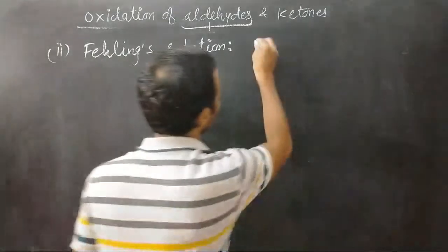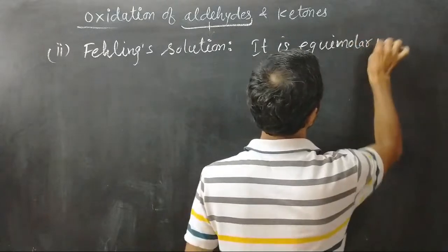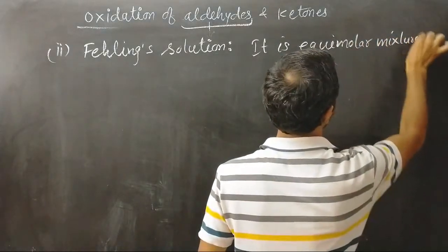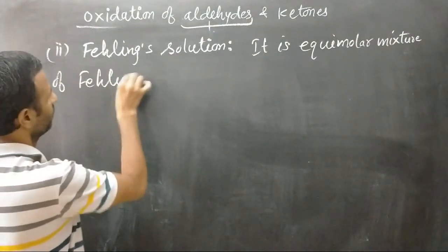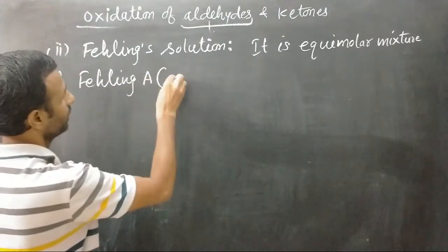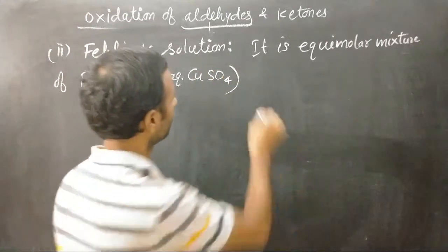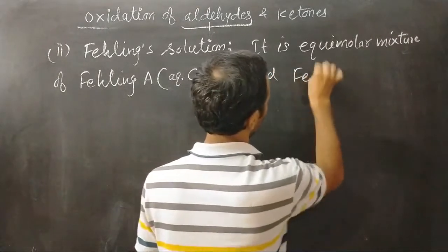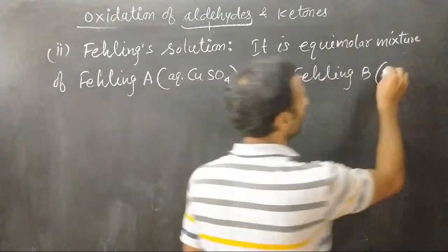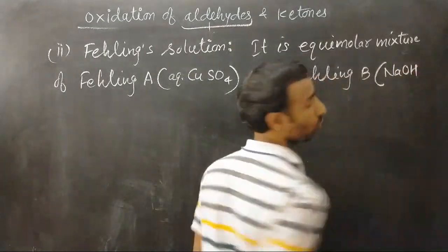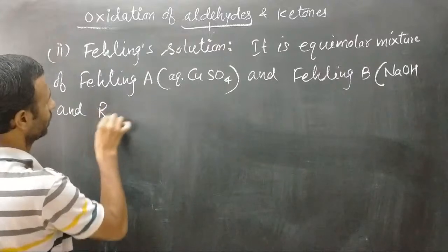It is an equimolar mixture of Fehling's A, aqueous copper sulfate, and Fehling's B, that is sodium hydroxide and Rochelle salt.